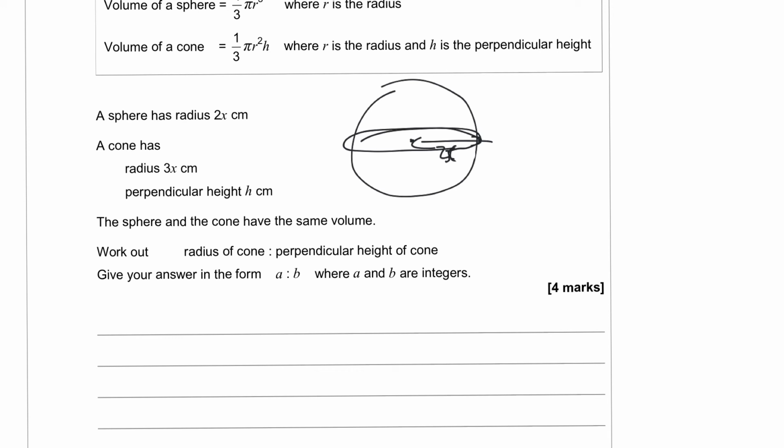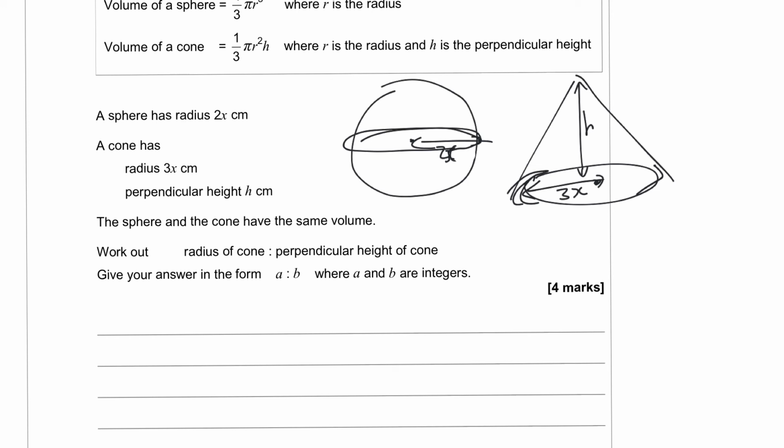Excuse a really bad drawing. And then it says the cone has a radius of 3x, as a center, 3x, and a perpendicular height of h. And it says that the sphere and the cone have the same volume.